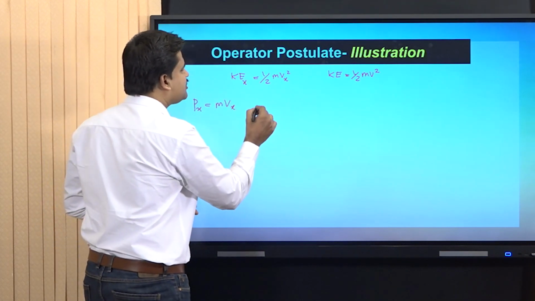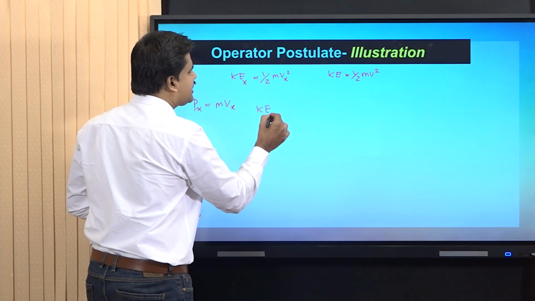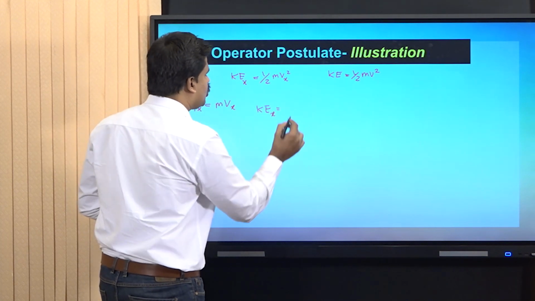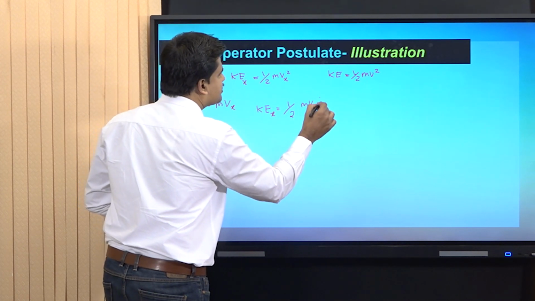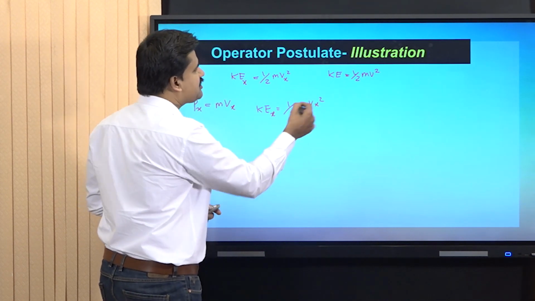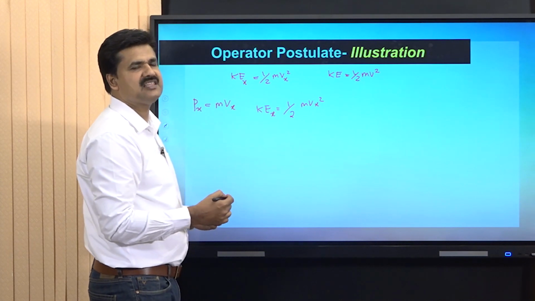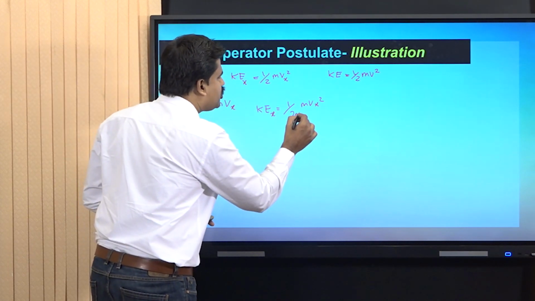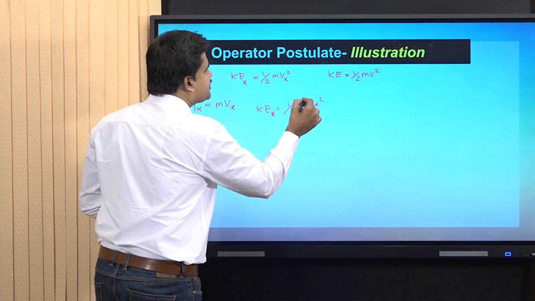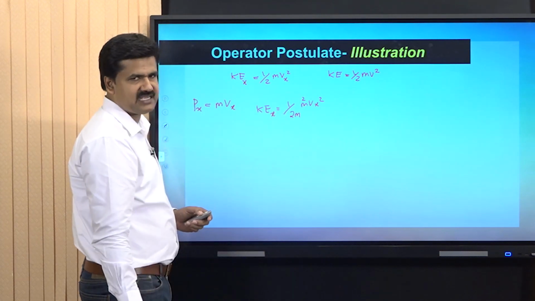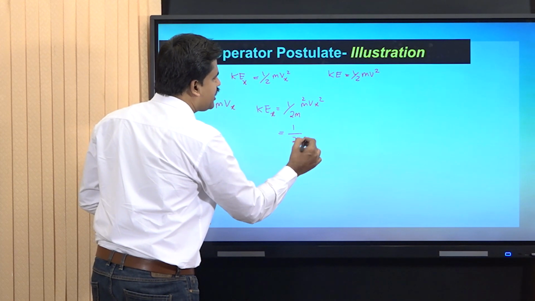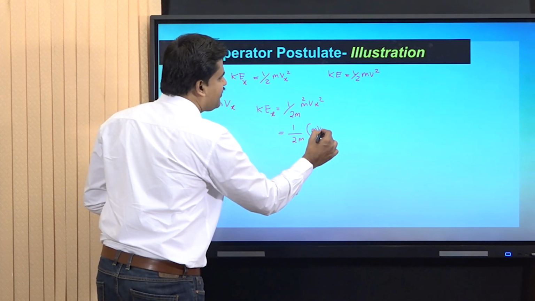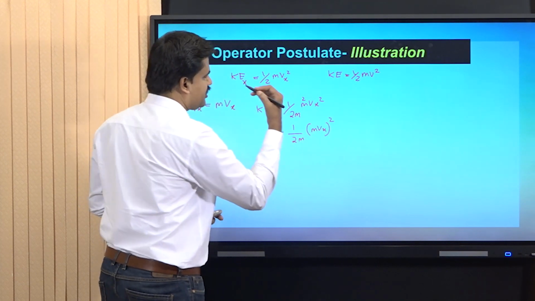I can correct it like this. Kinetic energy along x direction is equal to half m vx square. Multiplying the numerator and denominator by m, we get 1 by 2m, with the numerator m square vx square. This can be written as 1 by 2m into m vx the whole square.